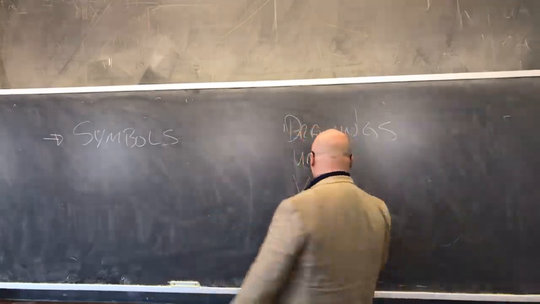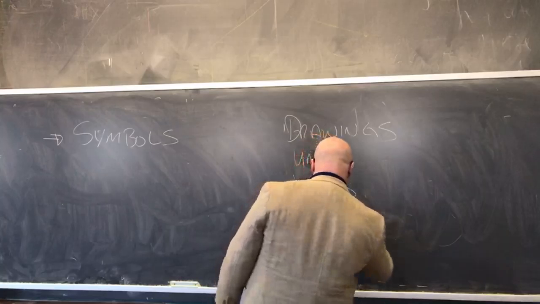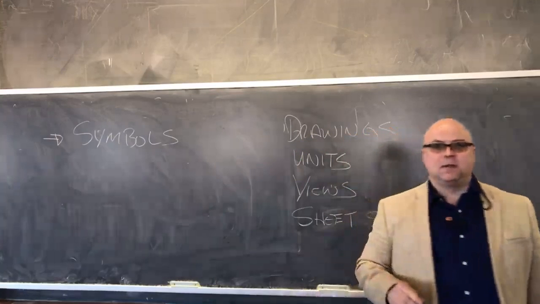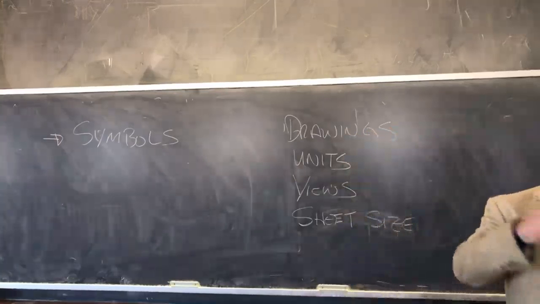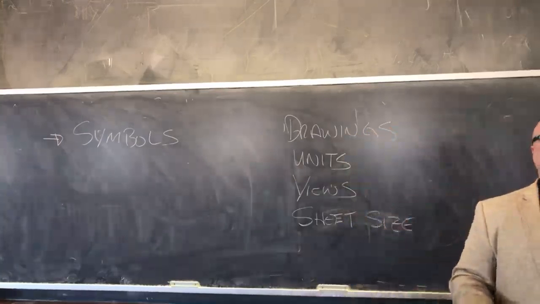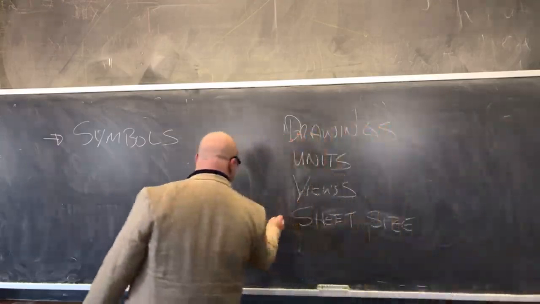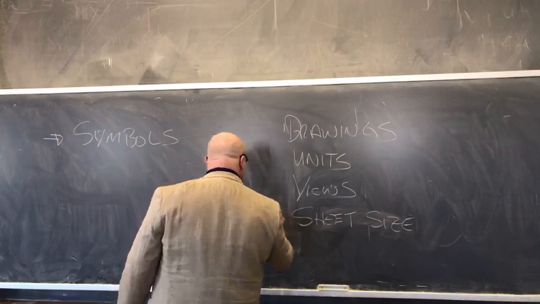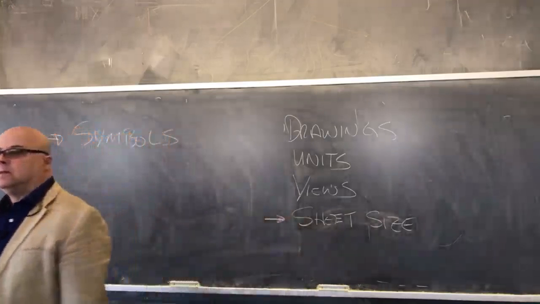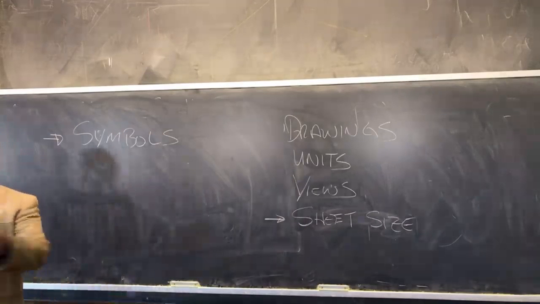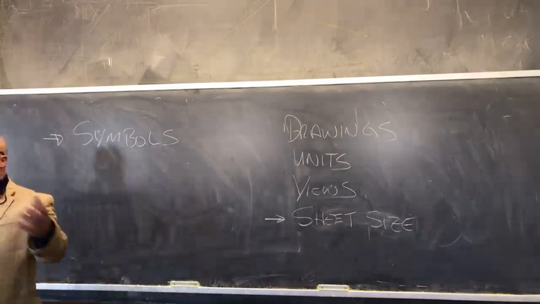Sheet is spelled with 2 E's. Okay, so all right, sheet size. What are your choices for sheet size? A, B, C, and E. Is it something besides A, B, C, and E? What's the sheet size called?